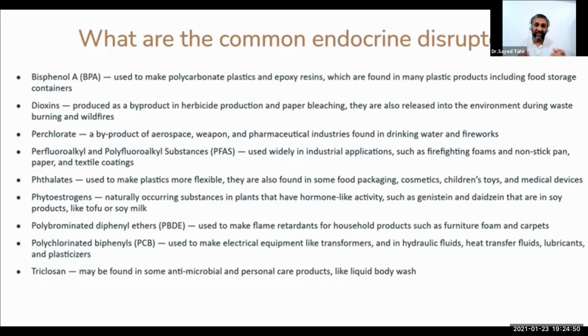You saw our kids bite paper also, so it entered. And the worst was textile coatings. Every new dress, every new textile that we bought had PFAS in it, just to show that the cloth is shining and attractive. Then phthalates. Phthalates are substances used to make plastics more flexible.